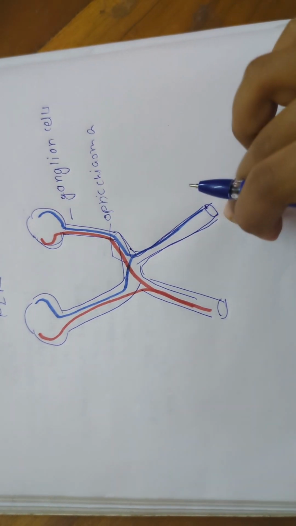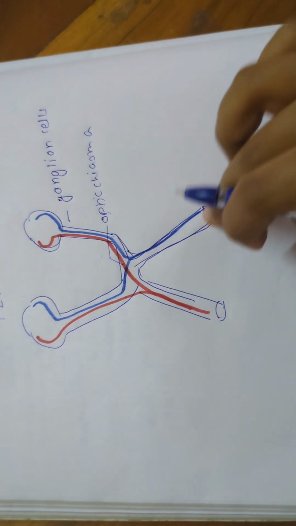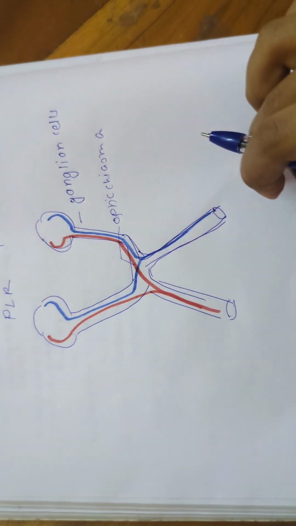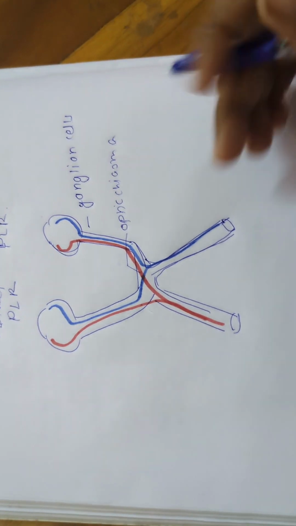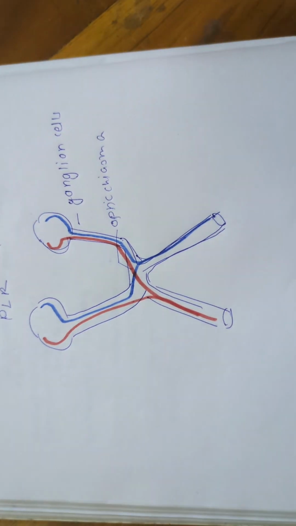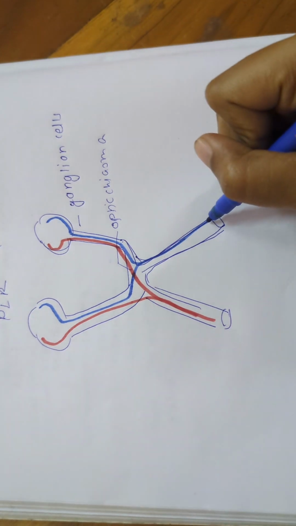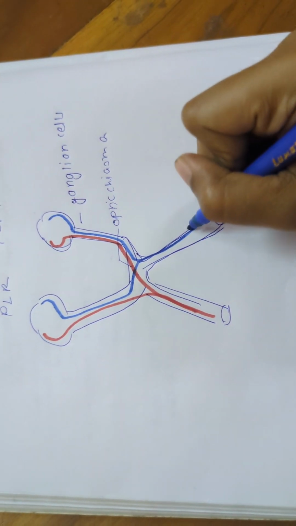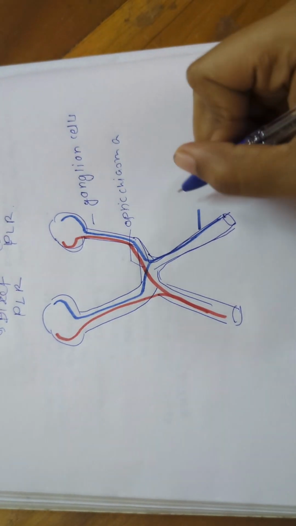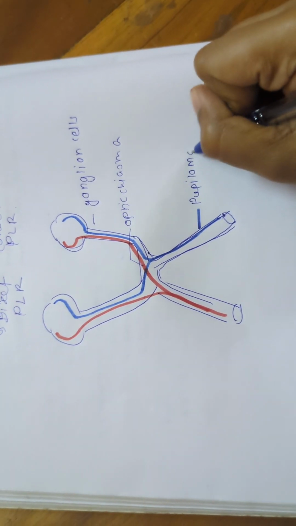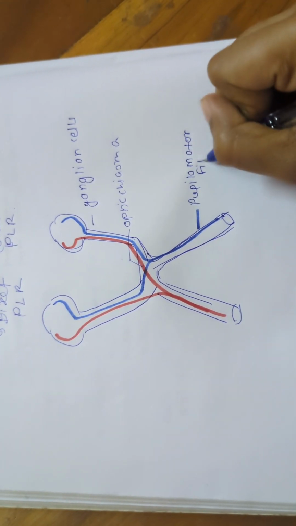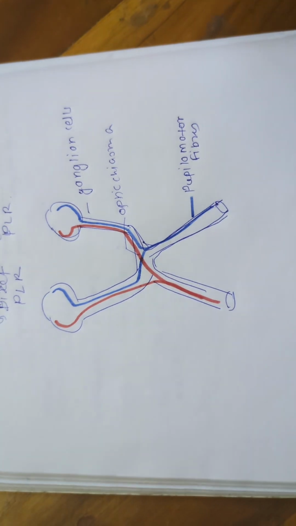the lateral geniculate body, in the lateral geniculate body, these fibers relay. But in case of pupillary light reflex pathway, what happens is pupillomotor fibers exit the optic tract.